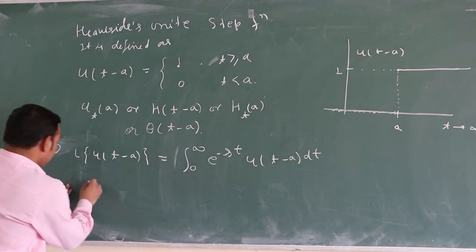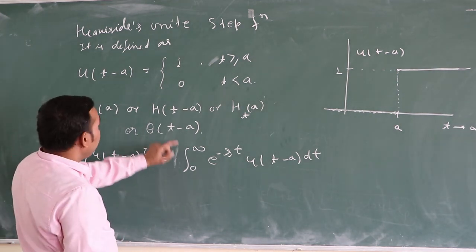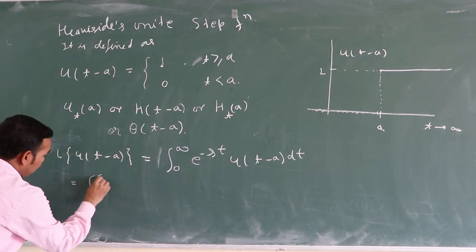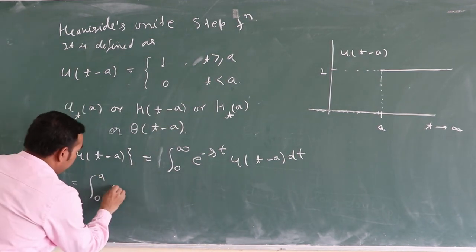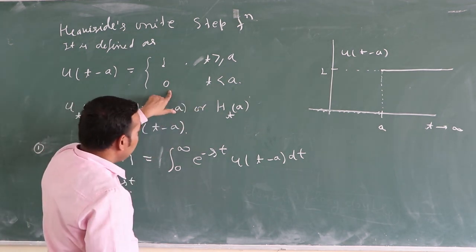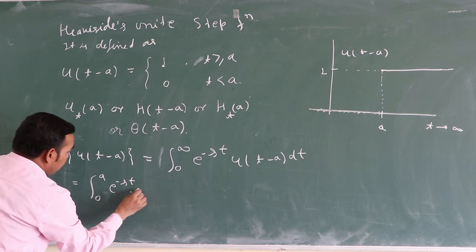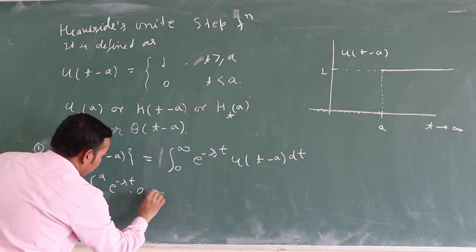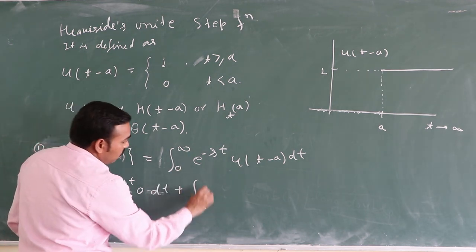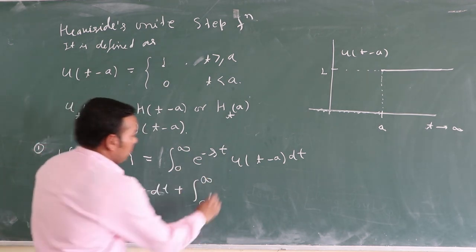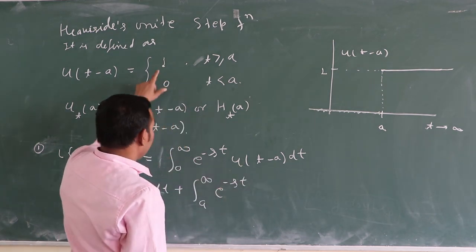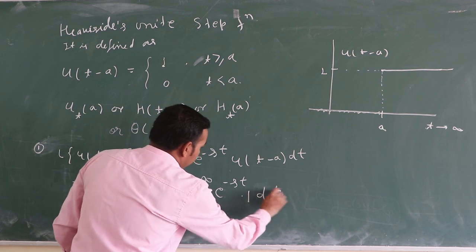We can write this as the integral from 0 to a of e to the power minus st times 0 dt, since u(t minus a) is 0 there, plus the integral from a to infinity of e to the power minus st times 1 dt.